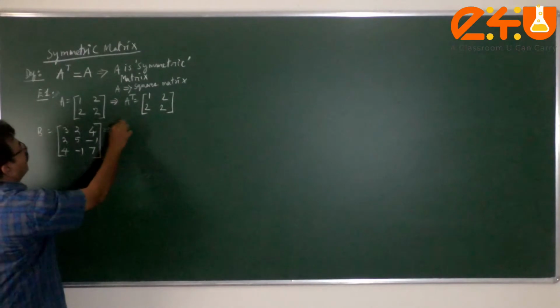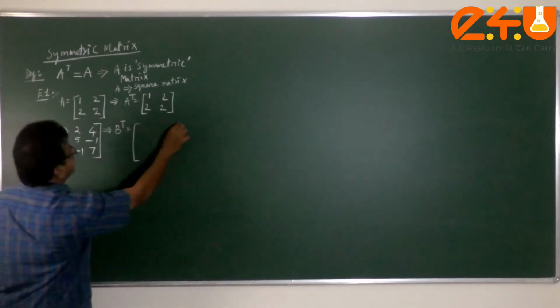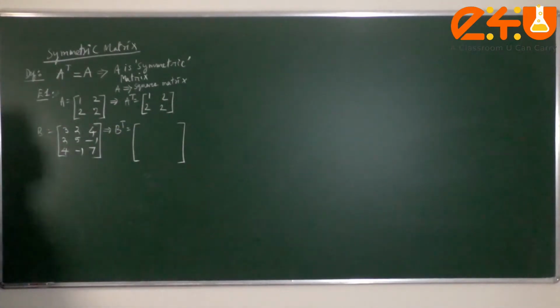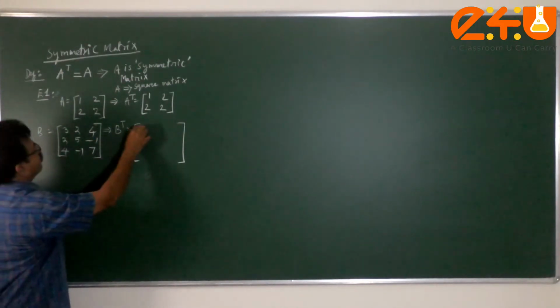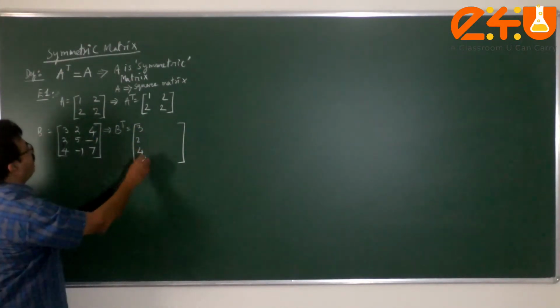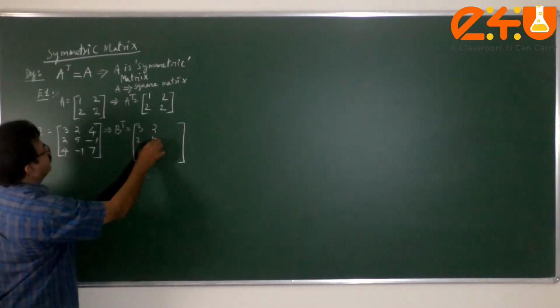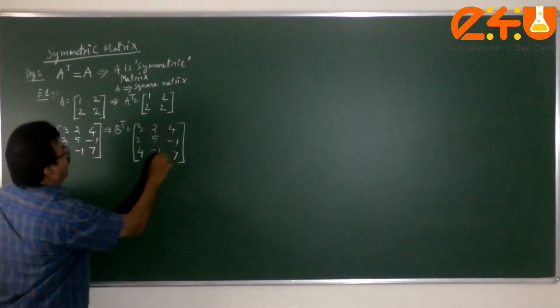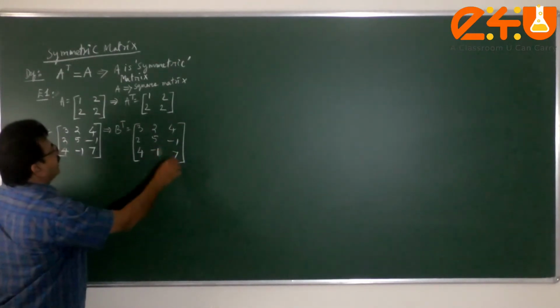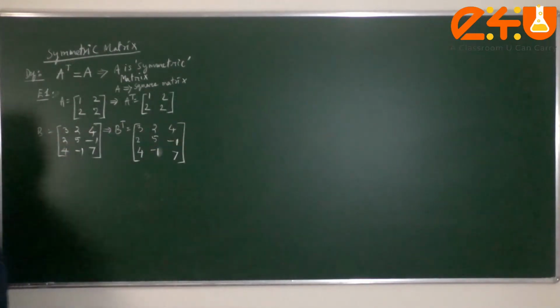Let us go for the transpose of the same matrix. Students can immediately write the answer. Row 1 takes the position of column 1, row 2 takes the position of column 2, and row 3 is written as column 3.